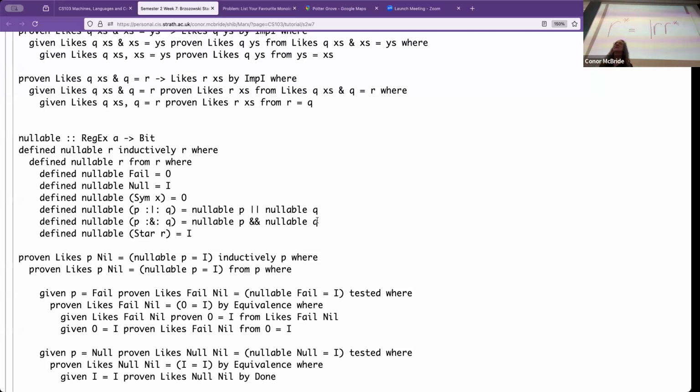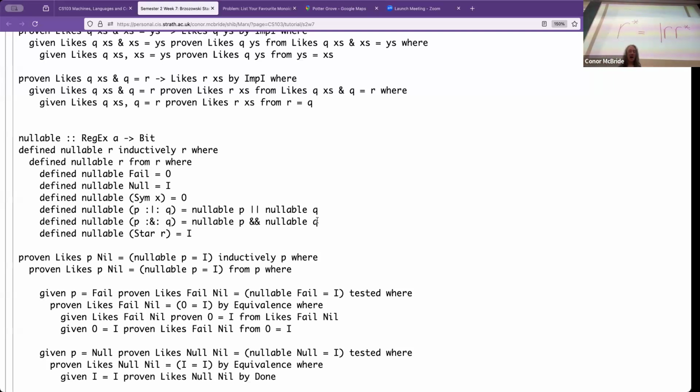And that already tells us what nullability has to be for it, because it's got to be nullability of null or R star, and nullability of null is definitely true. So there's no choice about that.